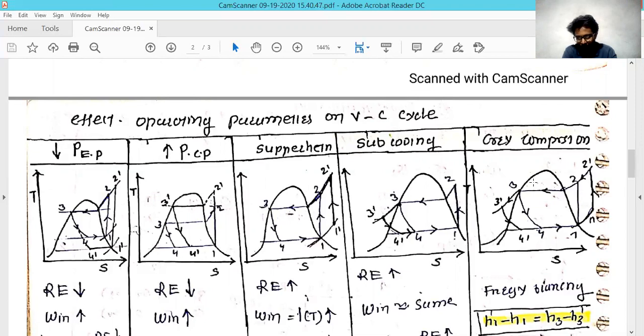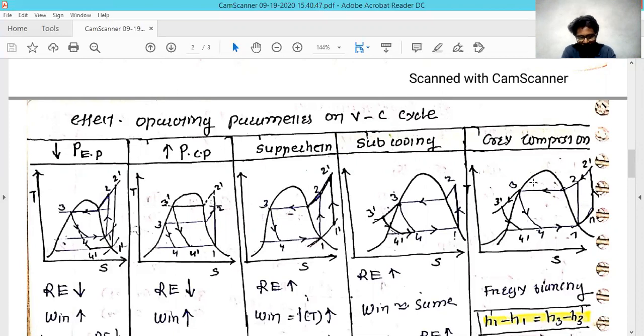If you increase the length of the capillary tube, it decreases the pressure after the expansion valve, and due to that, the refrigeration effect is going to decrease, as we see in the first diagram on the left of the PDF, drawn on the TS diagram, where the extended portion from 4 to 1 is denoted by 4 dash 1 dash.